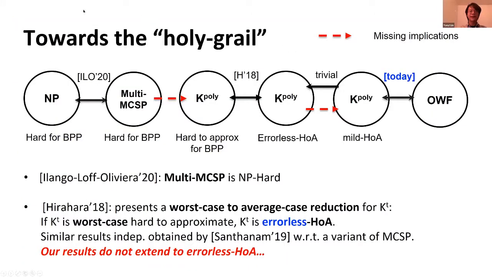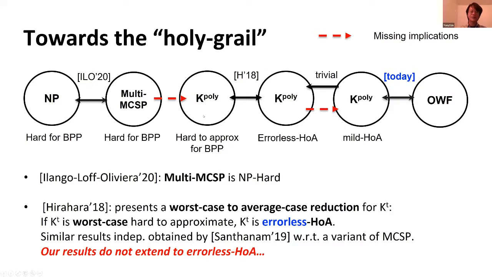And let us end this talk by summarizing our progress towards the Holy Grail. We start with the assumption that NP is hard for BPP, and by Ilango, Loff, Oliveira 20, where they show multi-MCSP is NP-hard, we know that multi-MCSP is hard for BPP also. And we know that multi-MCSP is closely related to Kolmogorov complexity.